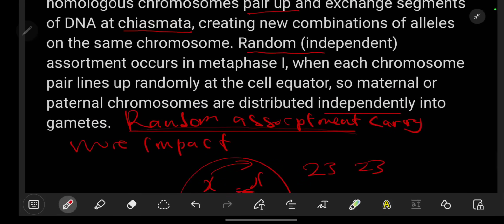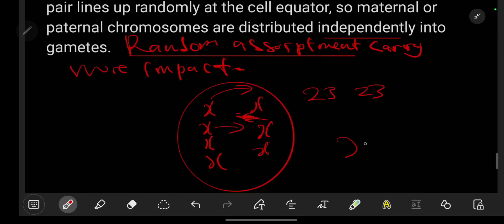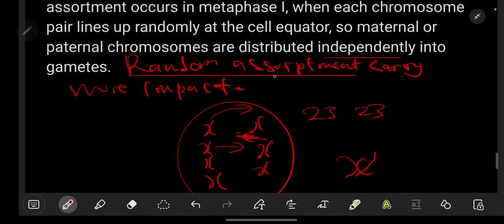So just as I said, you can even ask your professor just to be sure, but this is one of the best answers through rigorous research. But others might also argue for crossing over, because crossing over can occur at different portions. So I've chosen random assortment, as it carries more impact, which is about 8.4 million times.